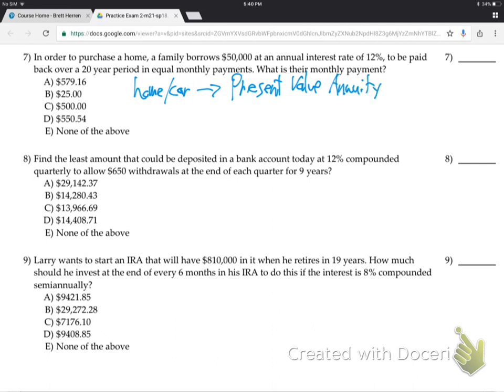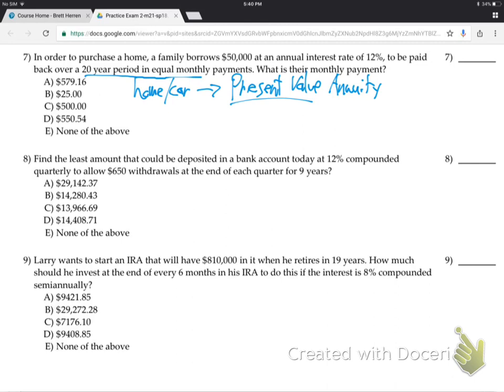First of all, it's an annuity because you're making payments, right? 20-year period, equal monthly payments. That's an annuity. Present value because you get the house or the car now, right? The bank pays the car maker or the house maker for your house or car right now. So it's present value. You're not saving up for the house later. You have the house now or the car now. So those are always present value.